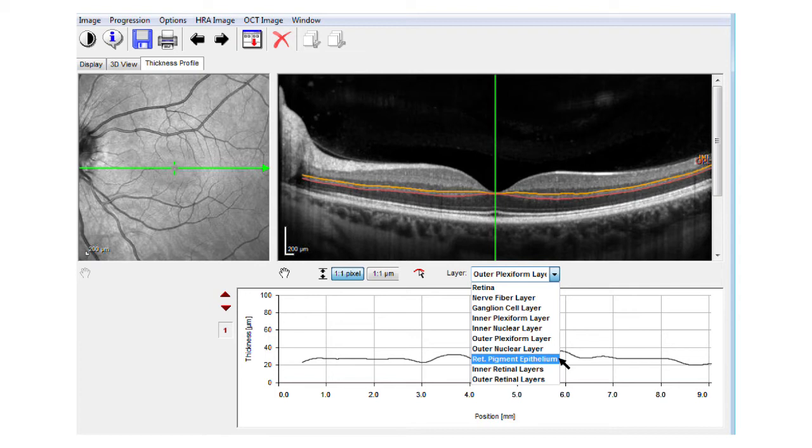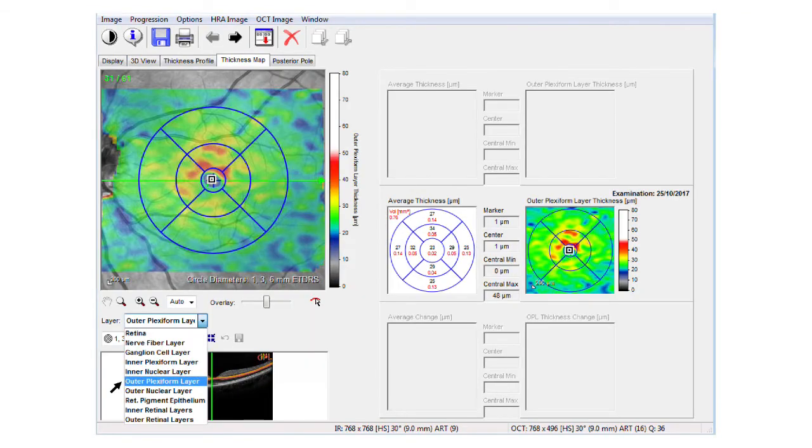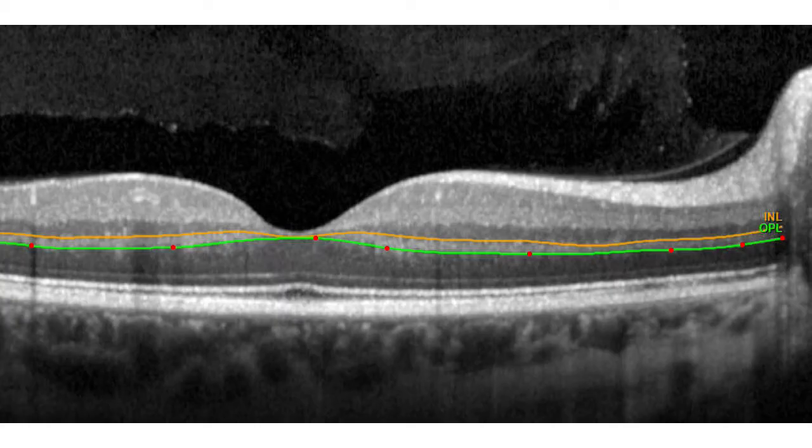Like in this case, it's possible to choose exactly which layer we want to emphasize, and then the software is able to produce not just the thickness of the layer based on the B-scan, but also the entire thickness based on the ETDRS map, which is known as a standard for OCT quantification, for full retinal layers but also for each layer.